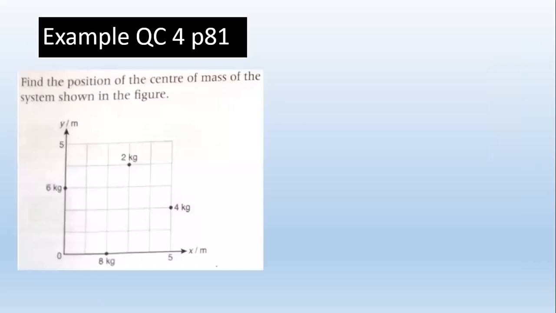Solving problem. This one is taken from the revision book, Quick Check on page 81. Find the position of the center of mass of the system shown in the figure.